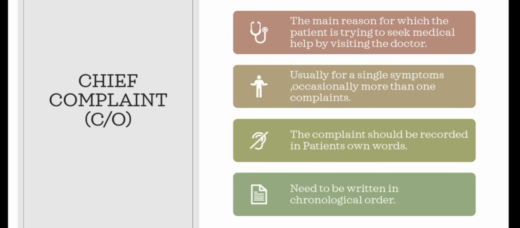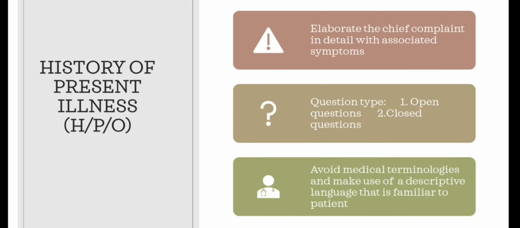Okay. Next one is history of present illness. It can be written as H bar P bar O or H bar O simply. You have to elaborate the chief complaint in detail. Ask relevant associated symptoms, again, as much information as you can about that specific complaint.